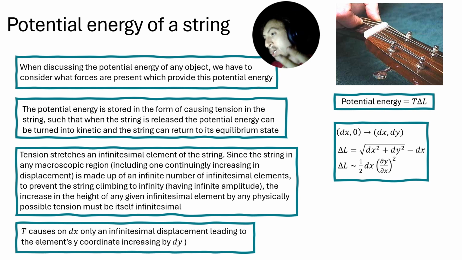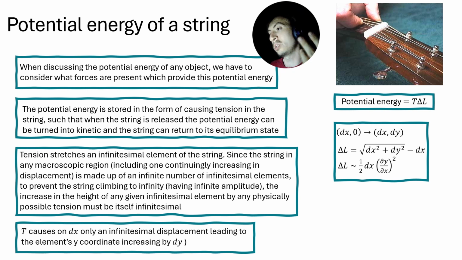But then to get the change in length, how much the segment has increased from its original length, we have to subtract the original length, which is just dx. So the change in length of the infinitesimal segment due to the tension is the square root of dx squared plus dy squared, minus dx.